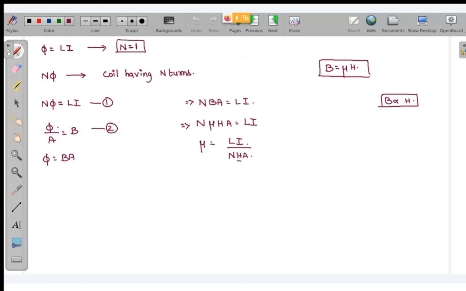Now field strength, how are you going to calculate field strength? Tell me. Arey, how are you going to calculate field strength? Means we are forgetting everything.